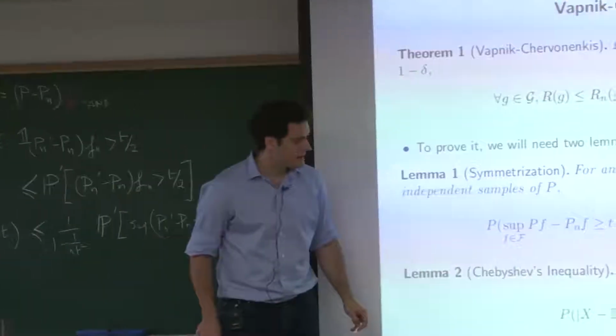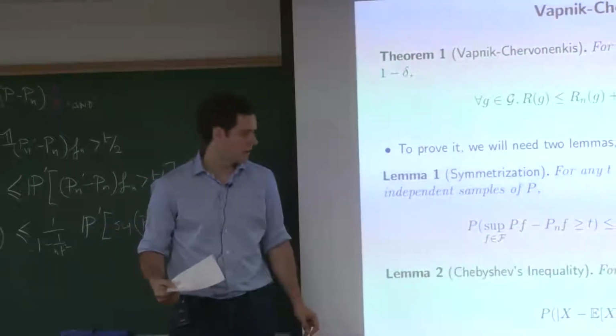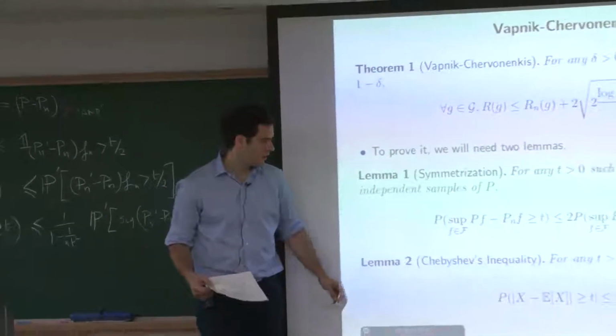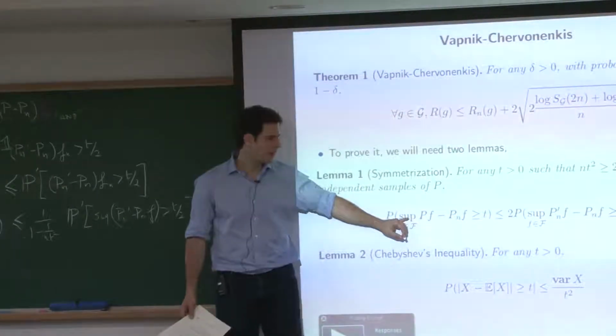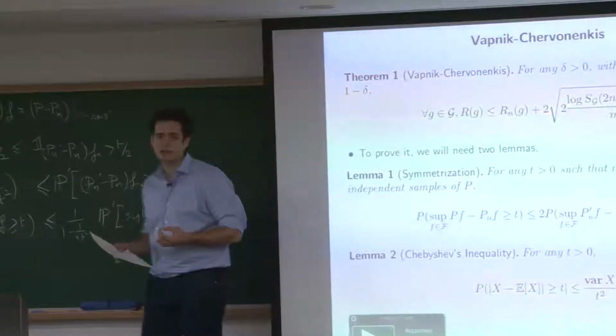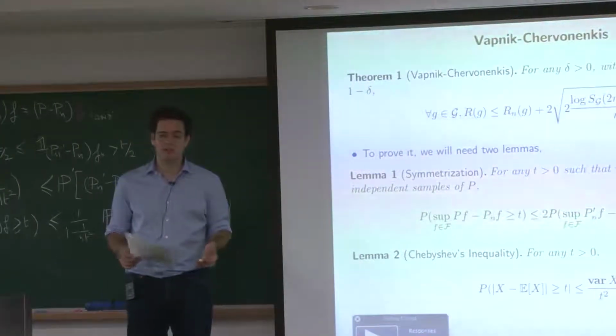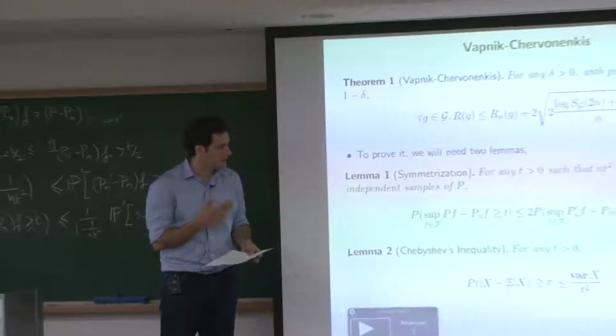So this technique of using a ghost sample, another sample, is just a way of bounding the difference between the true mean and the empirical mean by something which is the difference between two empirical means. So it's a very powerful technique if you think about it. And why is it useful in this case?